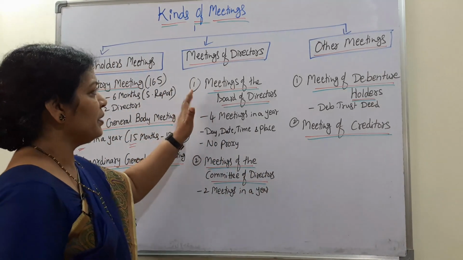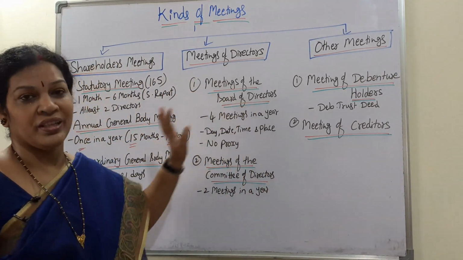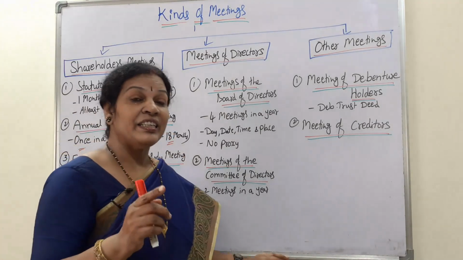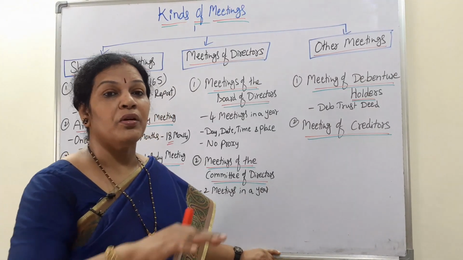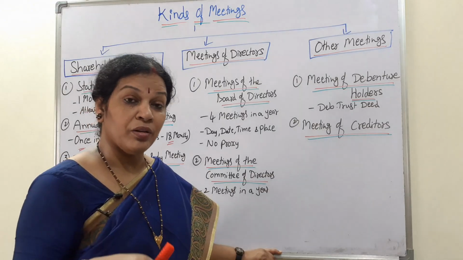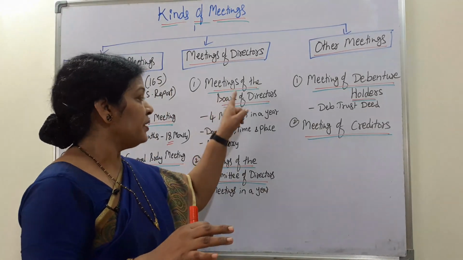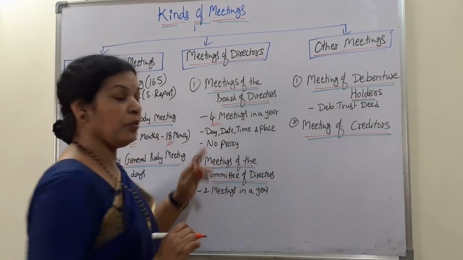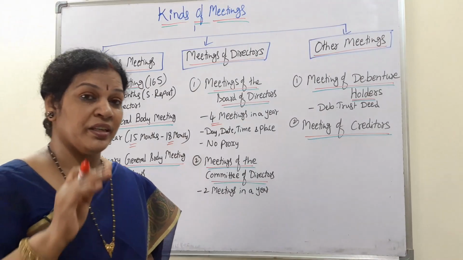So that is the meeting of the board of directors. This is also possible, but it has to be intimated to all the board of directors 21 days before, and these meetings of the board of directors have to be conducted 4 times in a year, means every quarter.